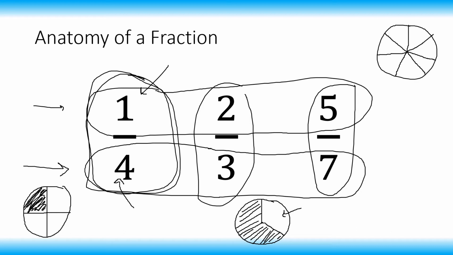So we shade in 5 pieces: 1, 2, 3, 4, and 5 right in there. There we go. So we've got 5/7 of the pizza that way.